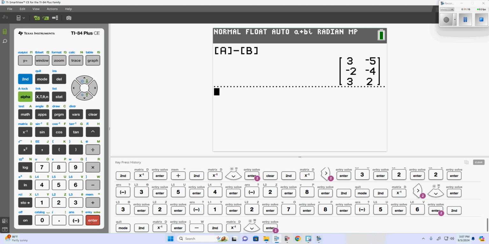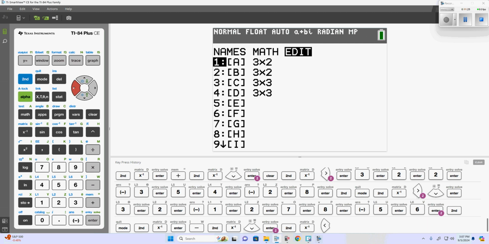Still says matrix. So if you notice next to matrix A, the second matrix over to edit. If you notice that the black box is now at 2, you go to edit next.